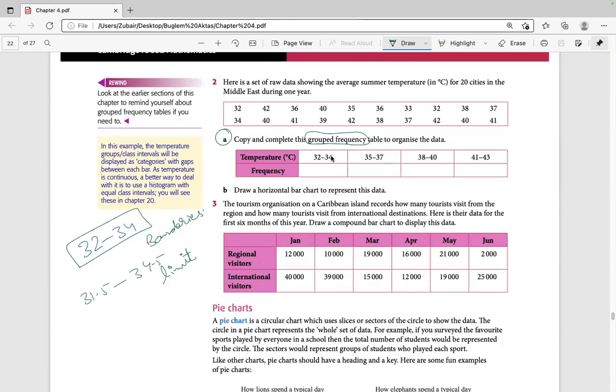For example, you see 34, if I have a temperature 34.2, where will I place that? 34.2 is actually less than 35 and more than 34. So there's a gap, and we call them class boundaries. And when there's no gap, we call them class limits.